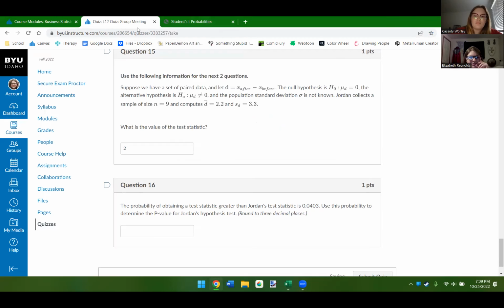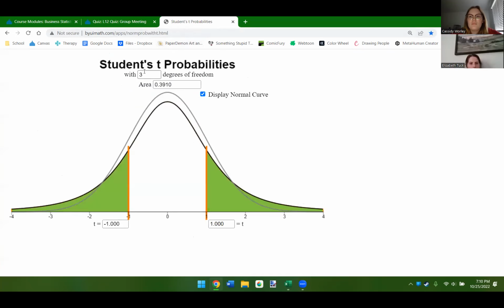So how do we determine, we're looking for a test statistic greater than 0.0403. Okay, they also don't list the degrees of freedom, so we use the data from question 15, I think.